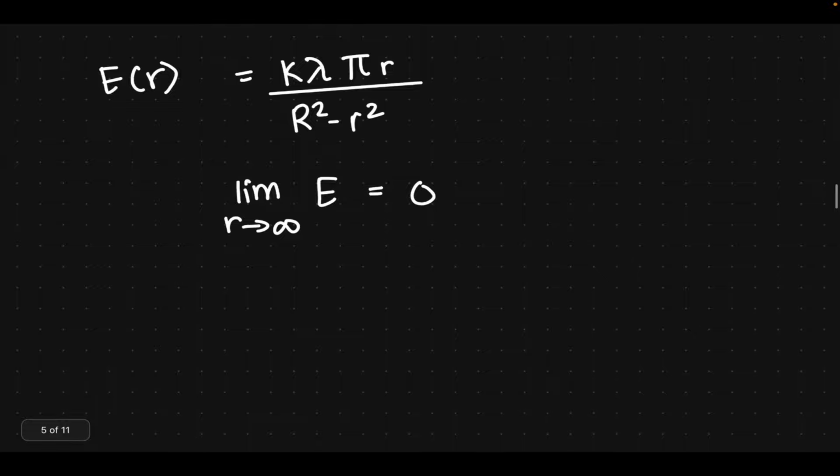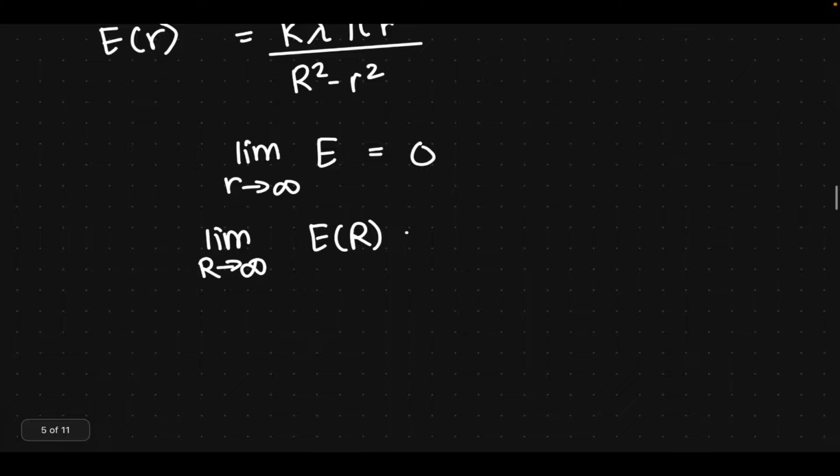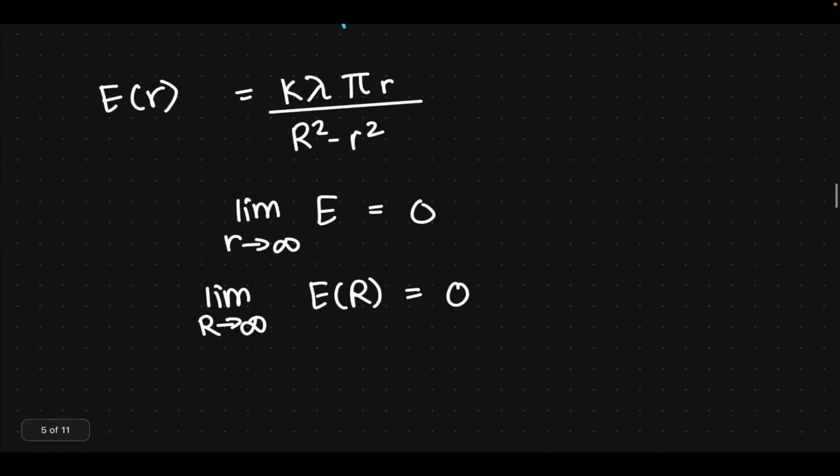And indeed, that is exactly what is happening when I take the limit for small r goes to infinity. If I consider this as a function of capital R, this goes to infinity because that is really taking the observation point to infinity.